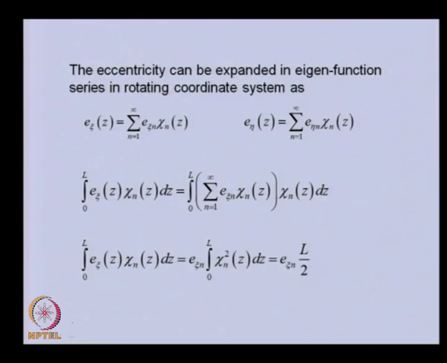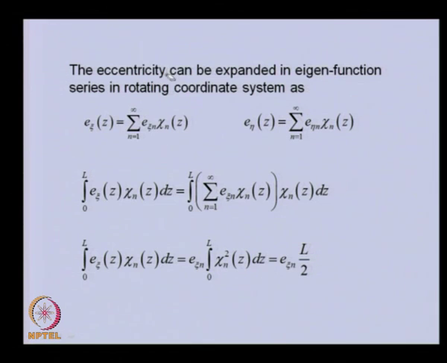So, this particular eccentricity we can expand in the form of eigenfunction series in rotating coordinate system. Earlier we expanded the response of the system in terms of the eigenfunction, because response comes from the force.